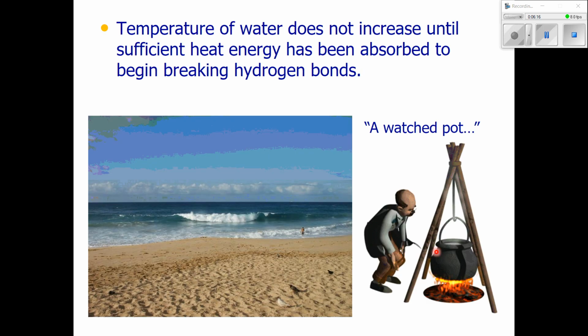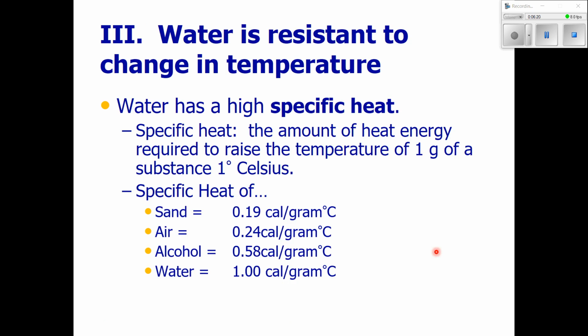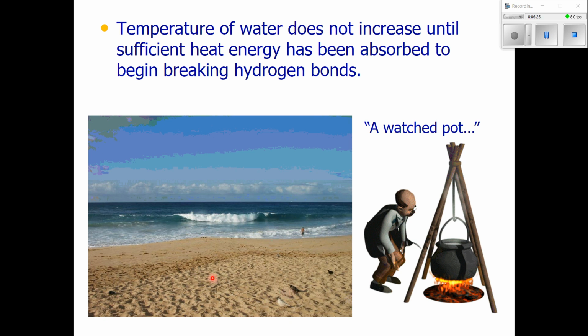Now, I'll give you an example of this. Even though you might have never heard of specific heat, if you've ever been to the beach in early summer, like right after school gets out, early June, you have experienced this phenomenon.